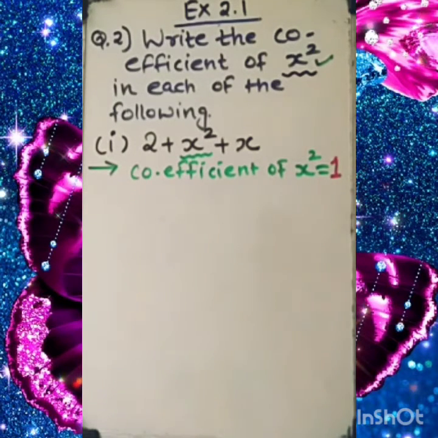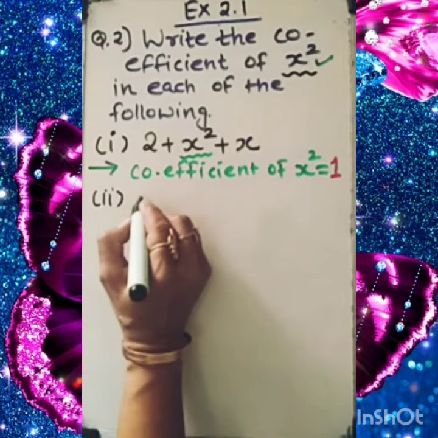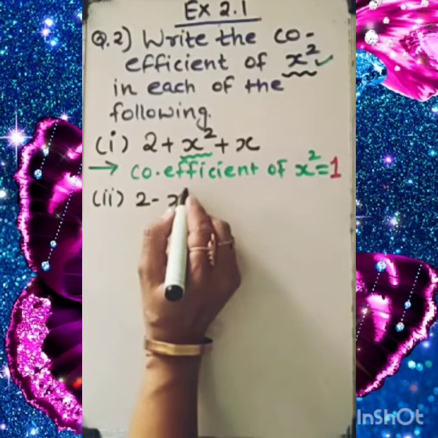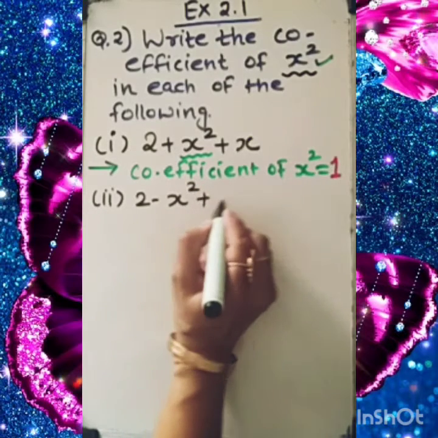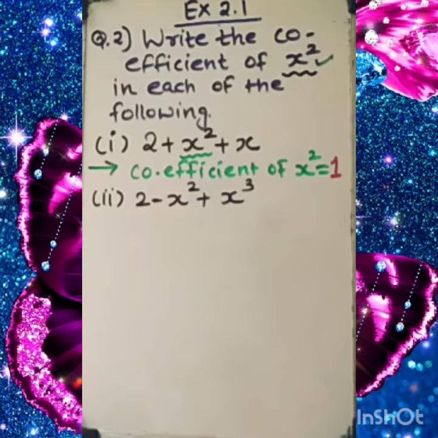Let's go with the second. The second question says: 2 minus x square plus x. Let me note this down. This is the question. So how do we decide the coefficient?